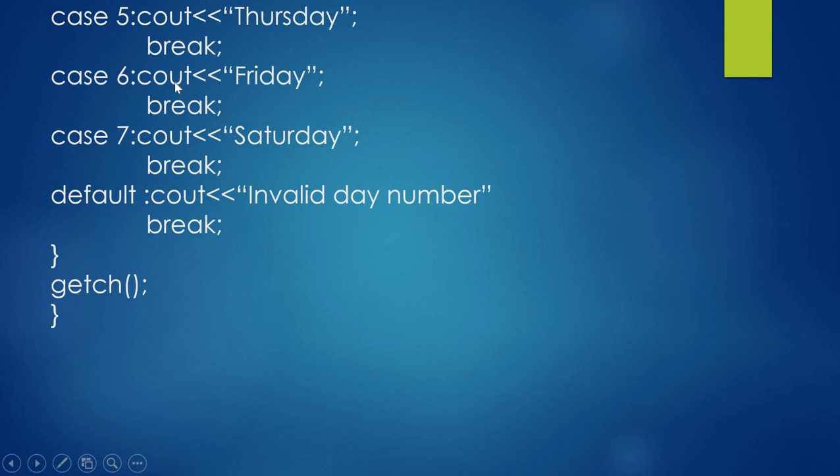That is cout Friday. It will print Friday, then the break statement. It will exit from the switch statement and execute the getch statement, then exit from the program.